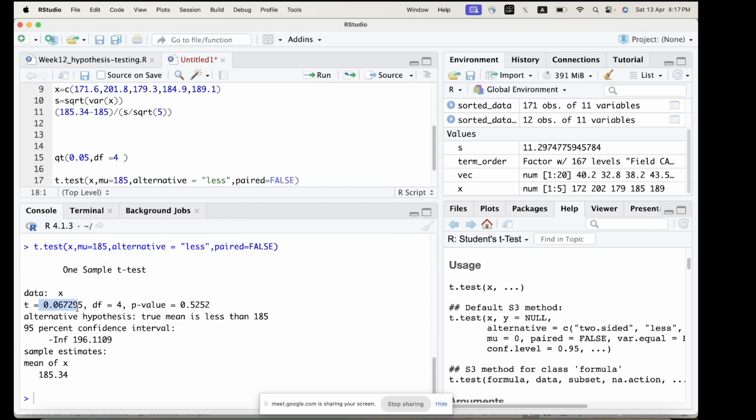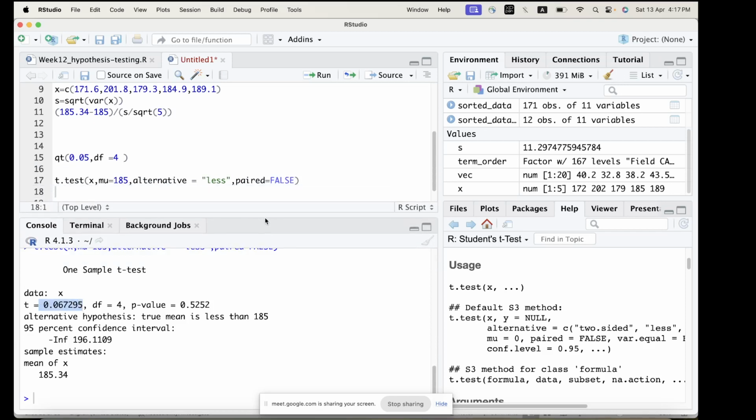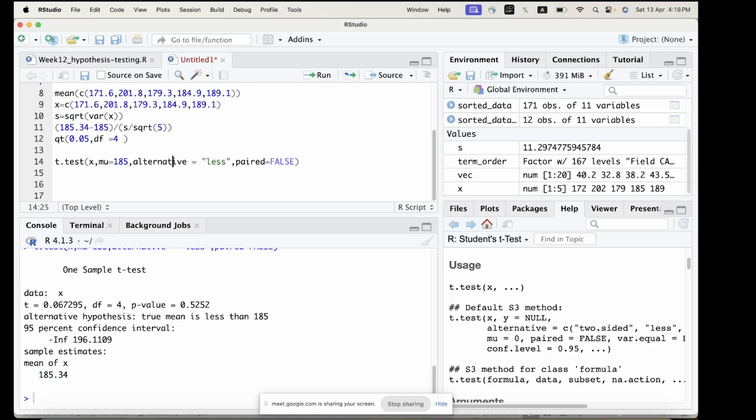We also obtained 0.067. The same thing is obtained over here. P value is greater than 0.05, so we are not rejecting, and this is the sample estimate. Alright, so whatever we did here can be done with one command, that is t.test.